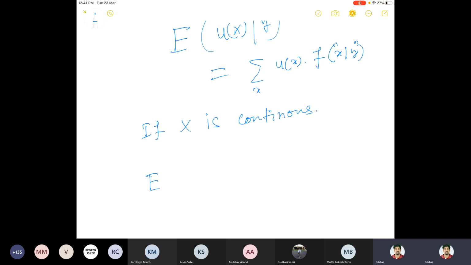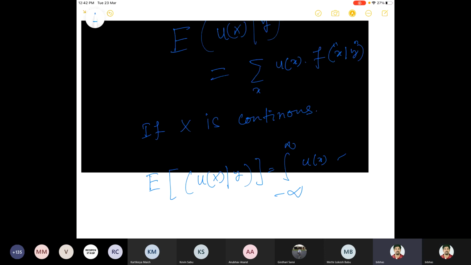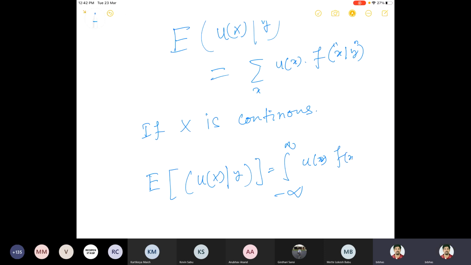So if it is continuous, then with some function and given y, this can be defined as the integral from minus infinity to infinity of u(x) f of x given y dx. I am just including this x given y, that is the only change, everything else is the same.